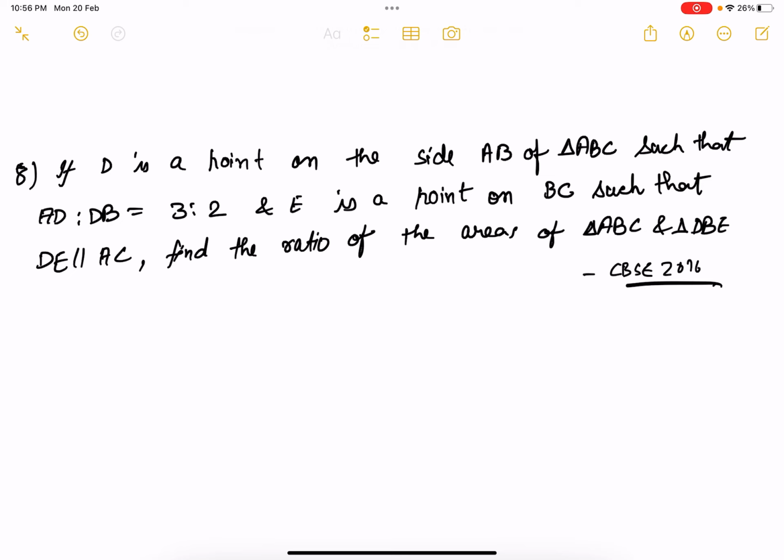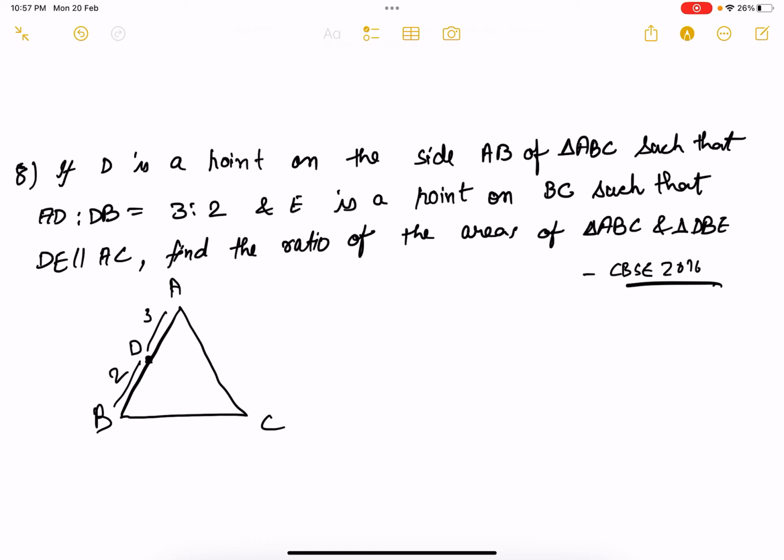In this example, D is a point on the side AB of a triangle ABC, such that AD upon DB, this ratio, is 3 is to 2.